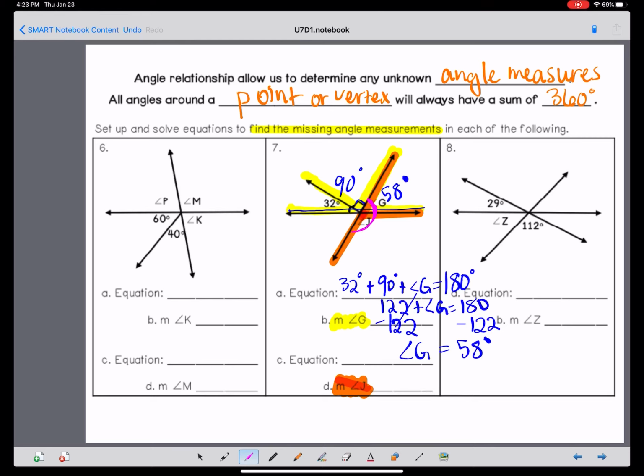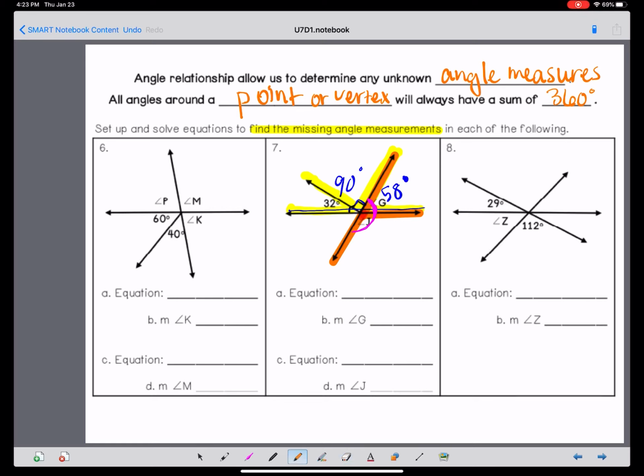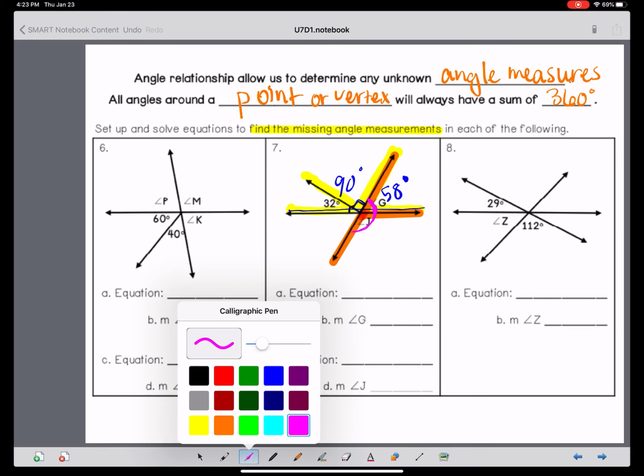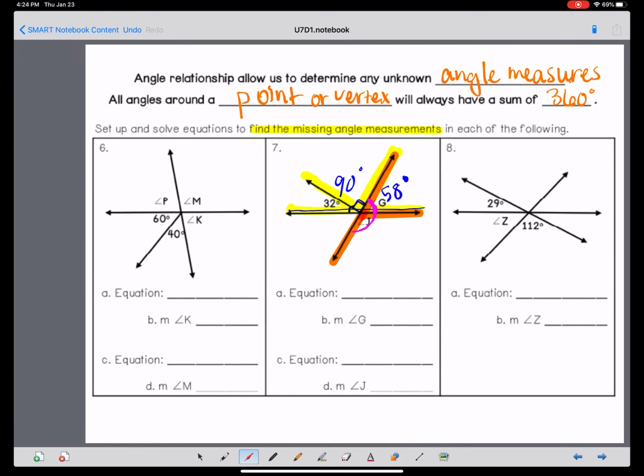If I were to write out an equation for that, I would say 180 is equal to 58 plus x. And then we could go ahead and solve. And if you do, you will get 122 degrees.